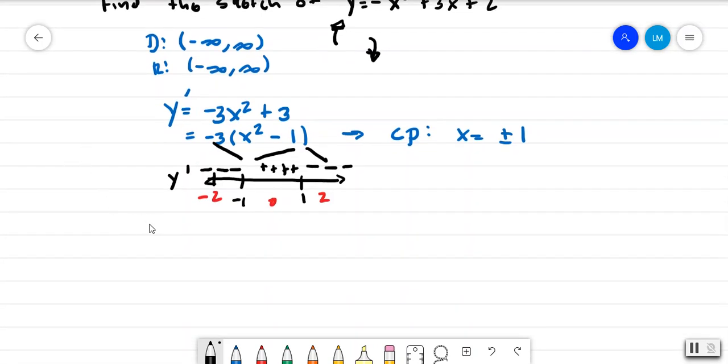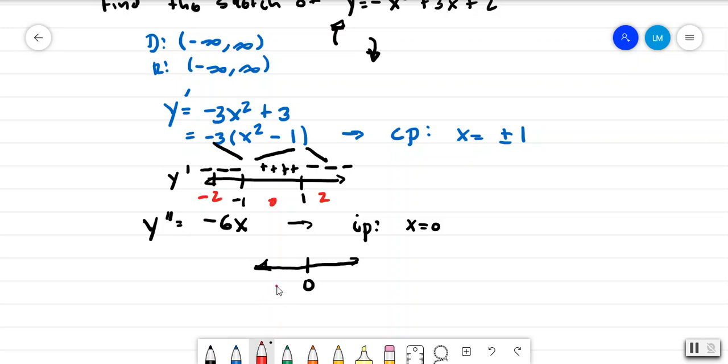The second derivative is equal to -6x. That gives us an inflection point at x equals 0, a point where the concavity does change. If you choose -1, that's going to be positive, so that's concave up.